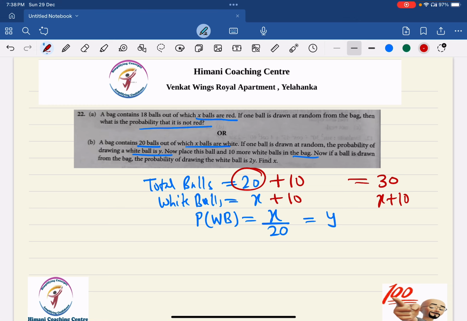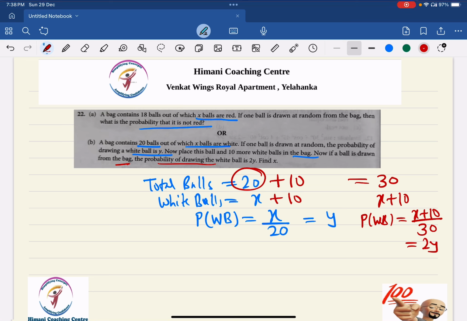Okay. So now the question says if a ball is drawn from the bag, probability of drawing the white ball is 2y. So now if we draw a white ball, probability would be favorable outcomes, which is x plus 10, by total, which is 30. Now this is equal to 2y. What does that mean?